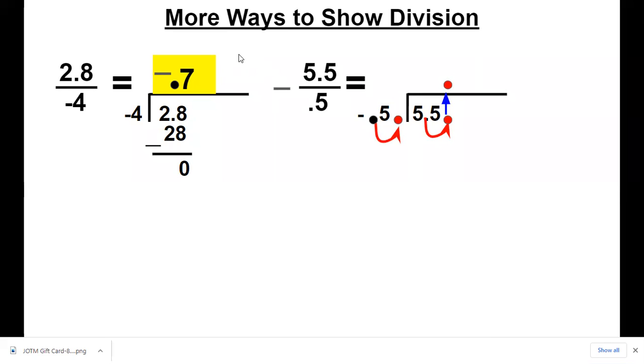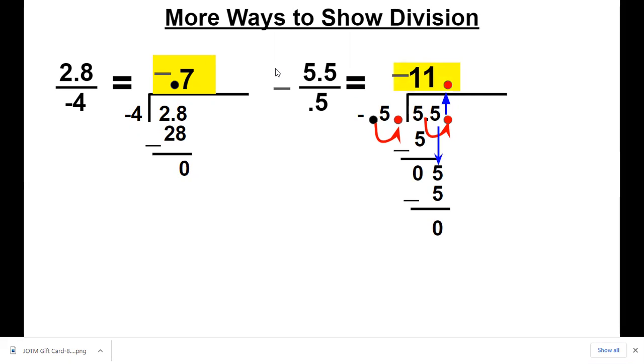So it's just 5 divided by 55. So 5 will go into the first 5 once. So 5 times 1 is 5. 5 minus 5 is 0. And then we're going to bring down our last 5. 5 will go into 5 one time. 1 times 5 is 5. 5 minus 5 is 0. And remember we said we have a negative answer, so it's negative 11 point, which, drop the point.